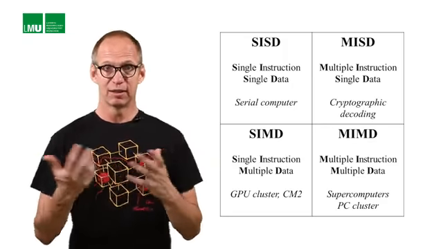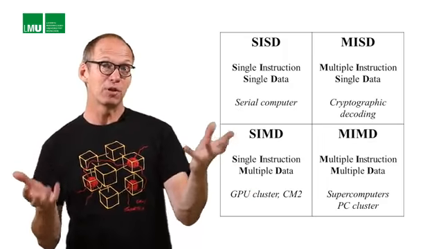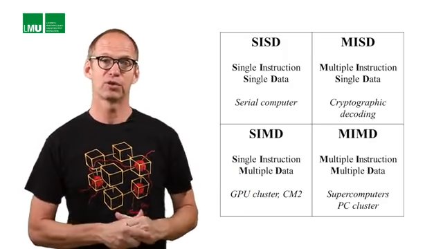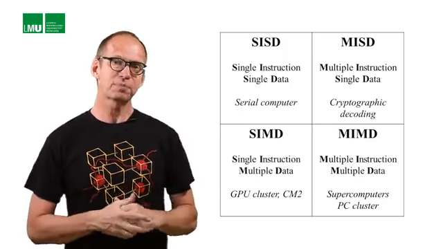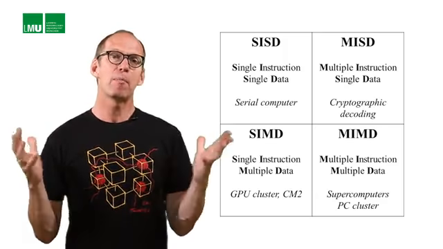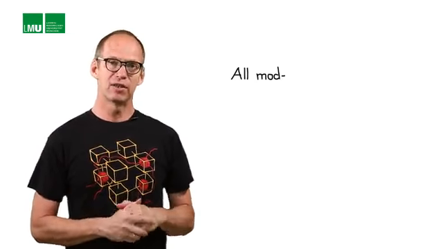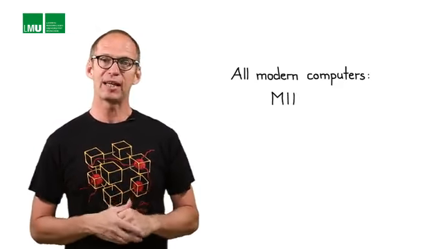This makes it harder to do load balancing between the tasks of these different computers, but that's nothing that we're dealing with in this course. Today, basically all supercomputers are based on this multiple instruction, multiple data concept.